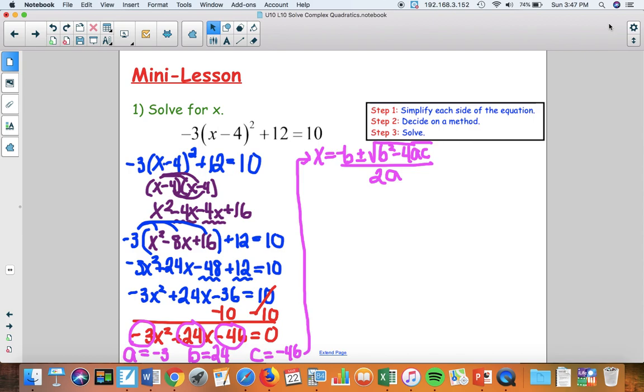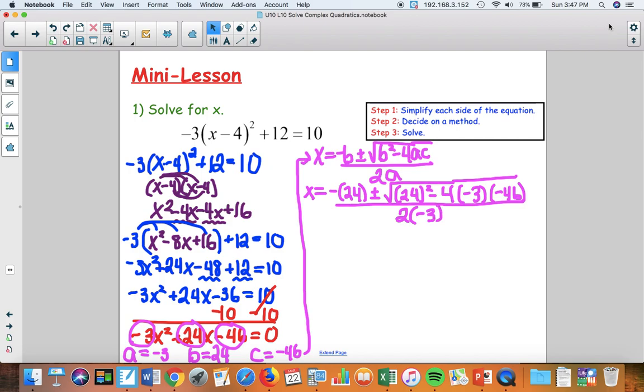So when we plug everything in, we get x equals negative, b was 24, plus or minus the square root. Again, b was 24. A was negative 3. And c was negative 46. And that is all over 2 times negative 3.